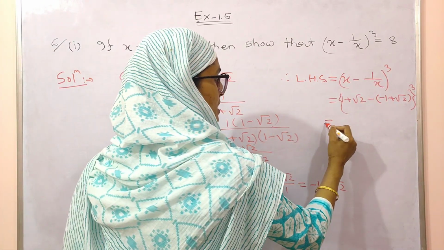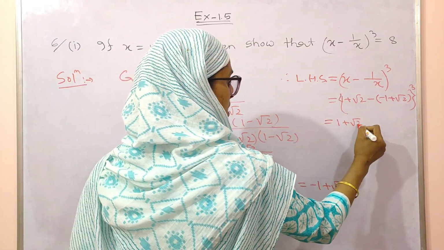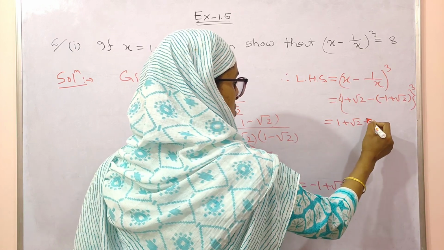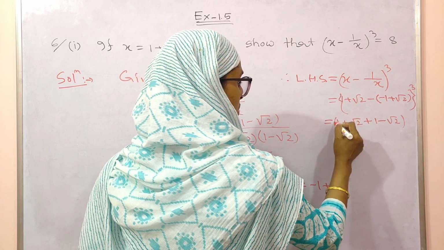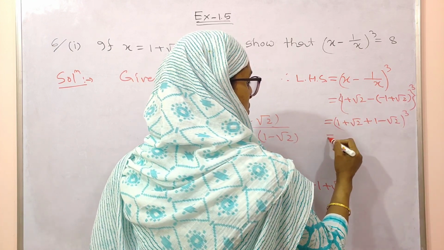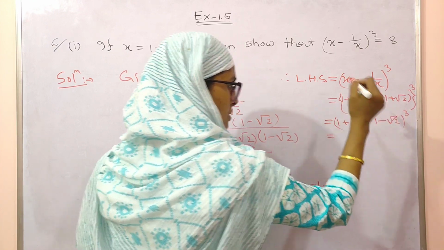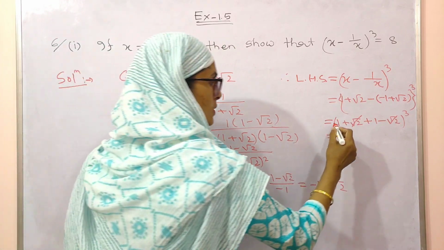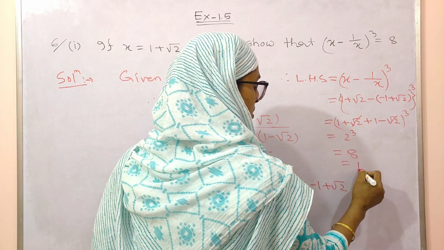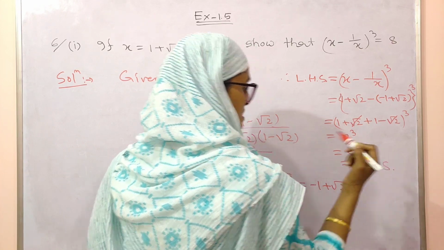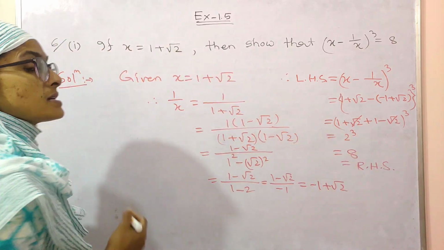Now omit the bracket: 1 plus root 2 minus plus 1 minus plus minus 2 root 2, whole cube. So you will get, 2 root 2 cancel, 1 plus 1 is 2, 2 cube equals 8, equals right hand side. This is the proof of question number 6.1.